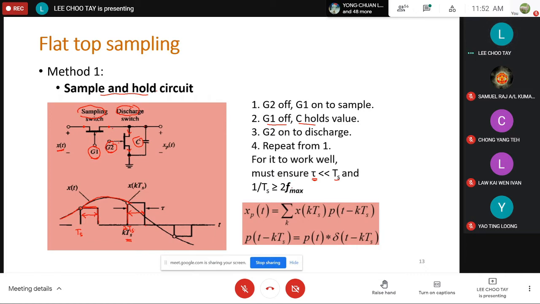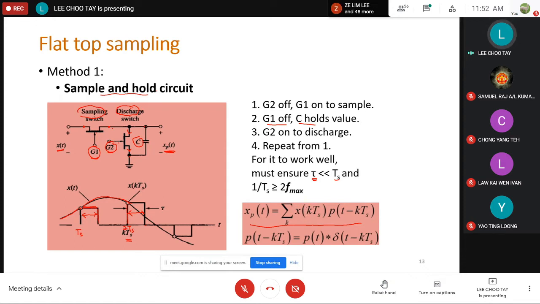All right. So the equation for the pulses that we produce at the sample and hold circuit is given by this expression. Basically, we take the sum of all the values of x(t) at all the k values at the sampling instances.